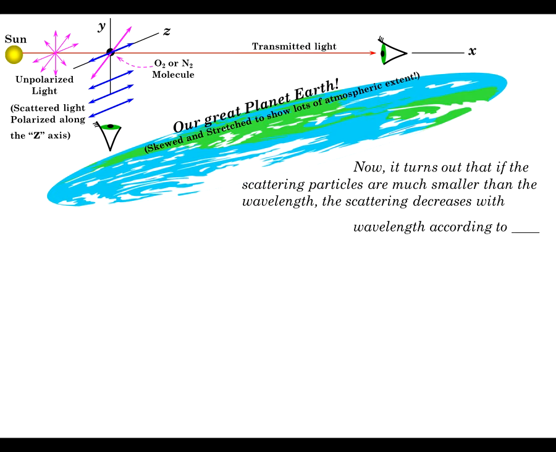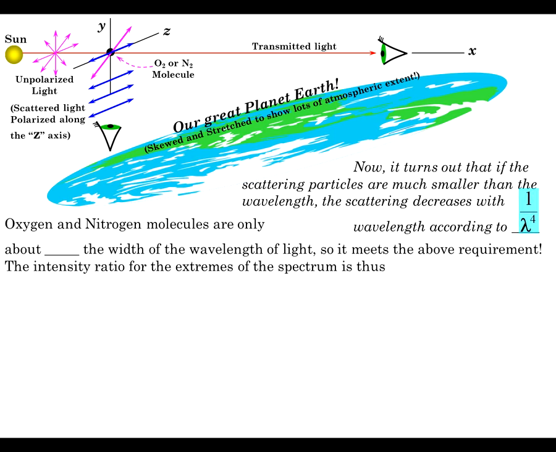Okay. Well, it turns out that if the scattering particles, the oxygen or nitrogen molecules, are a lot smaller than the wavelength of light, then the scattering phenomenon itself decreases with wavelength in this manner. It's proportional to the inverse of lambda to the 4th power.